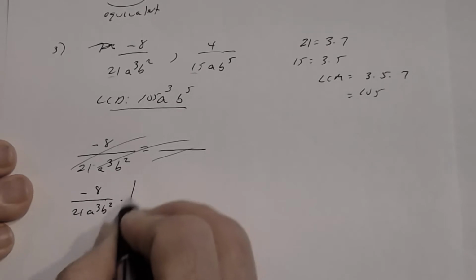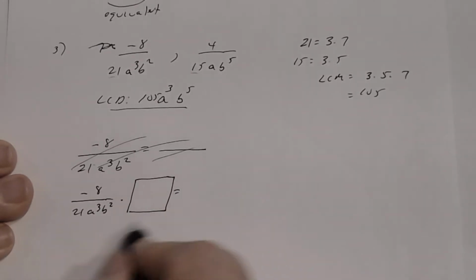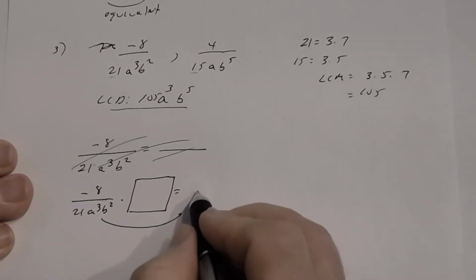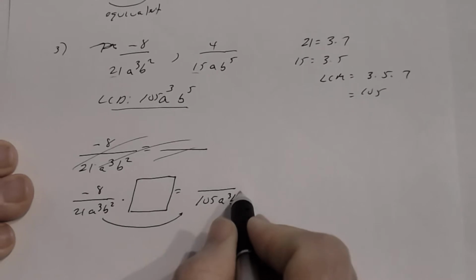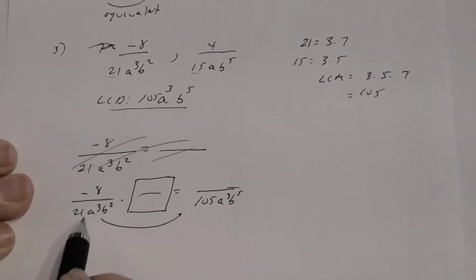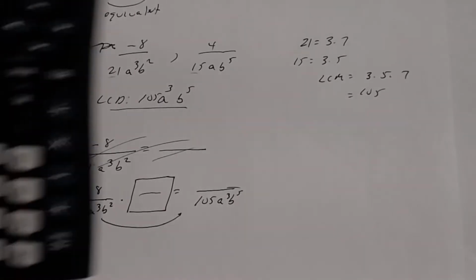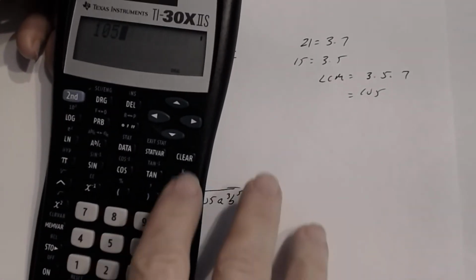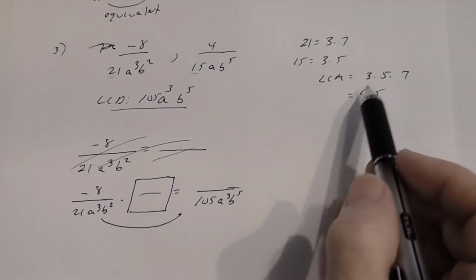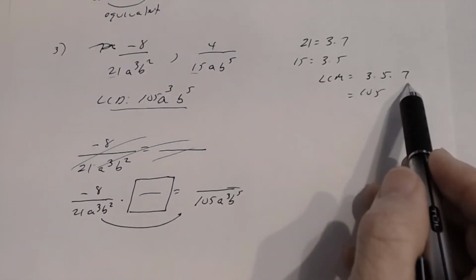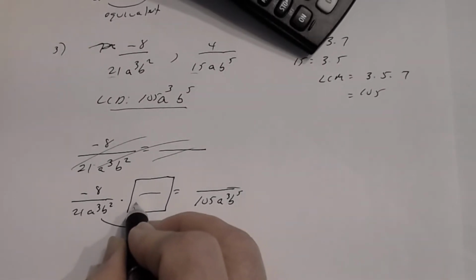You're going to have to multiply this by some expression to get an equivalent rational expression with this denominator. Okay, so let's see. 21 times what is 105? Use your calculator if you need to. So 105 divided by 21 gives me 5. So you knew that had to be 5 because 3 times 7 is 21, and then 21 times this 5 gives you 105. So I need a 5.